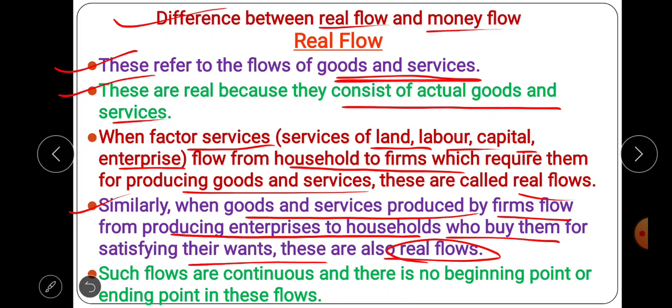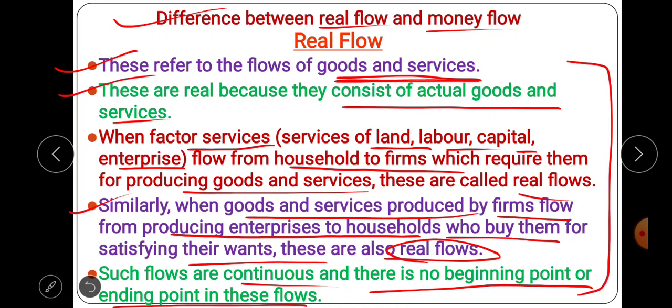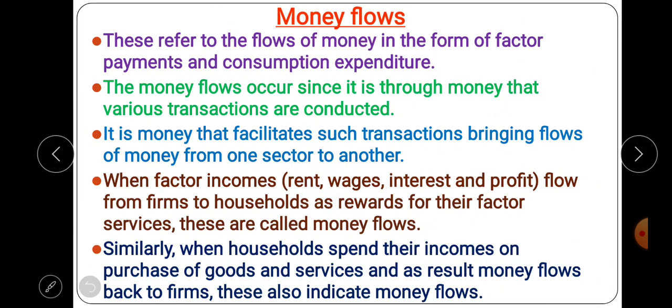And such flows are continuous, and there is no beginning point or ending point of these flows. Okay. So, when in a material form these services are provided by households to the firms, this is the real flow, and when the goods and services are transferred from firms to the households, this is again real flow. Then what about the money flow?